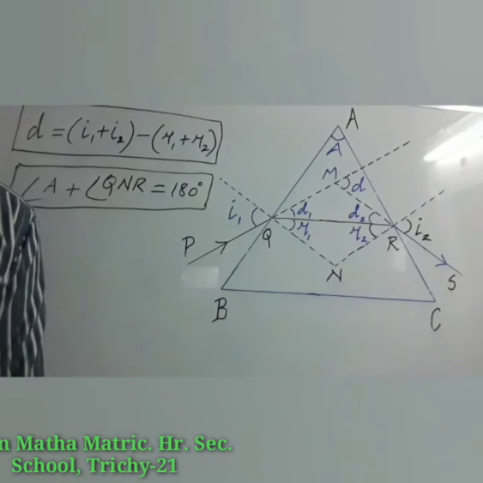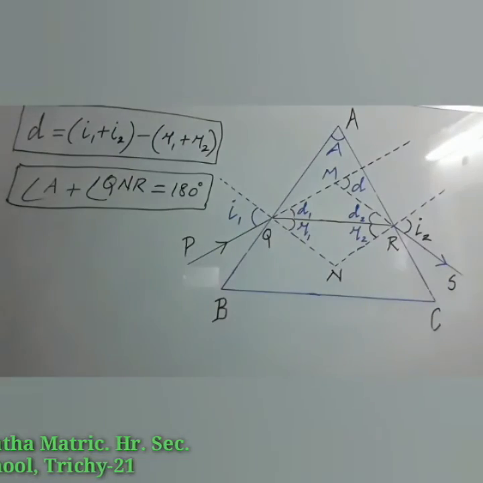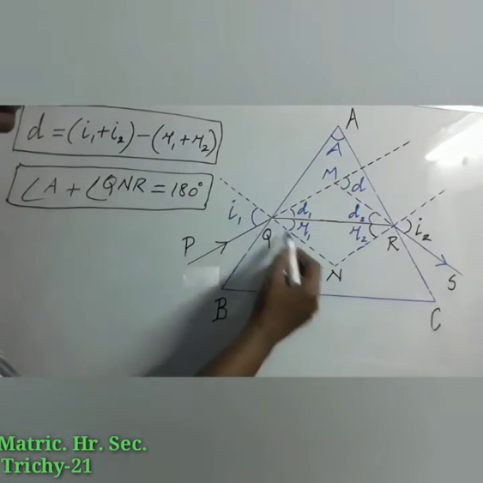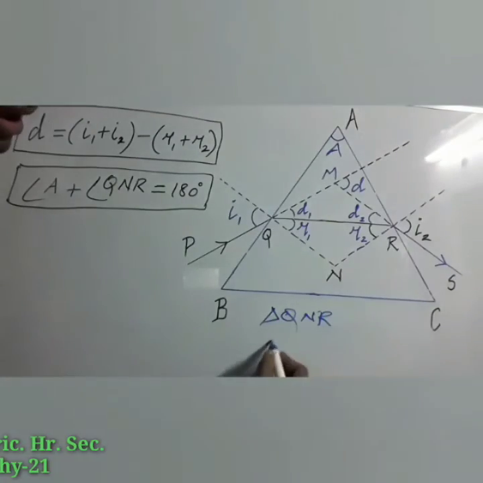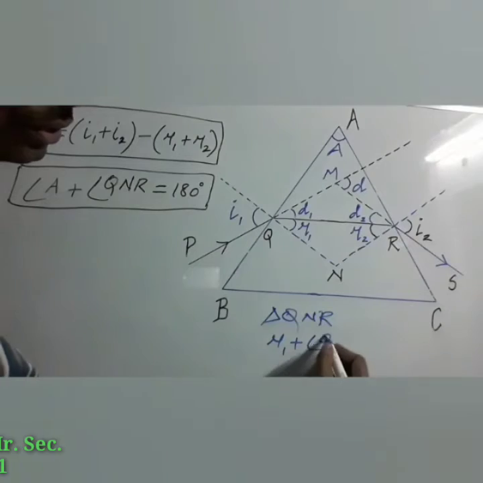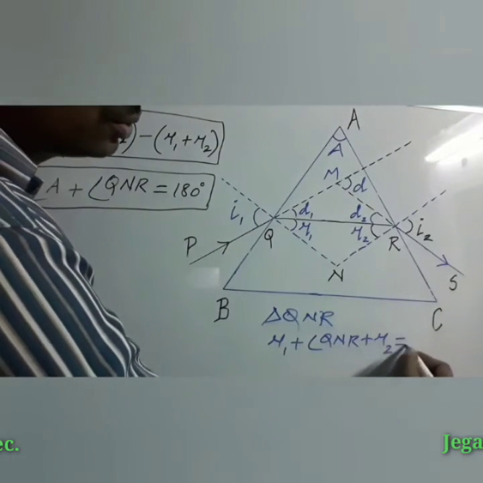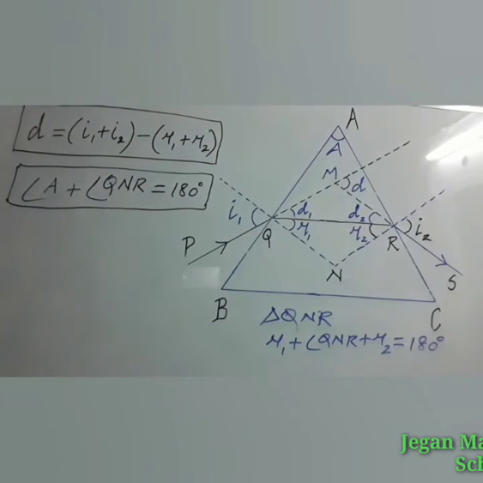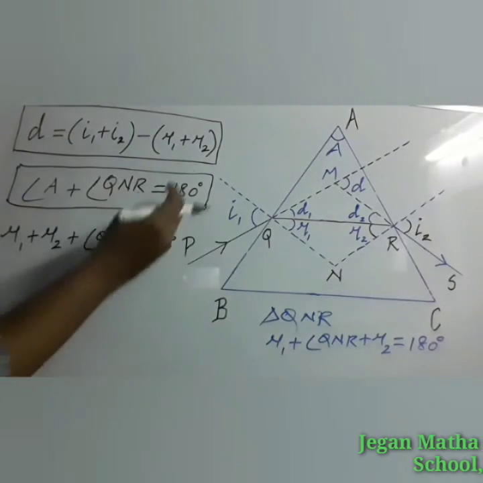Let us take the triangle QNR. We know that the sum of the total angles in any triangle is equal to 180. So in the triangle QNR, the first angle R1 plus the second angle QNR plus the third angle R2 must be equal to 180. So let me write here. Here you can compare these two expressions.